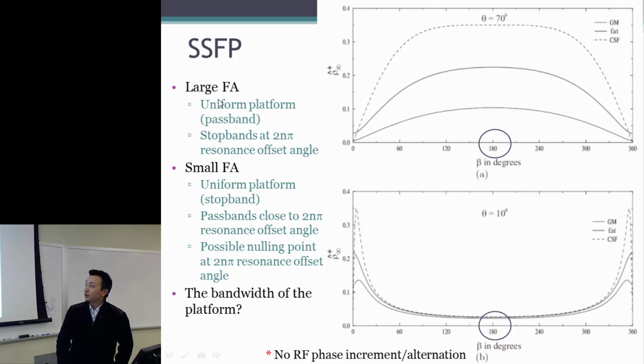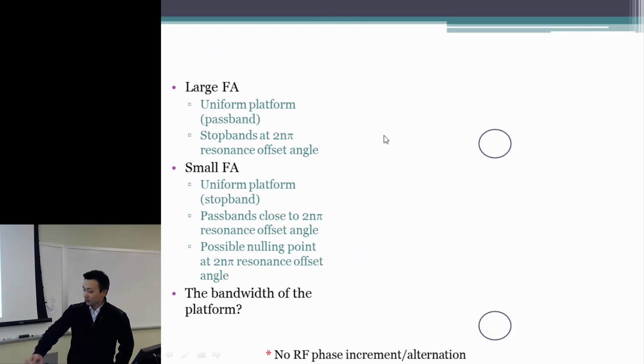For the large flip angle, we can see the response for different off-resonant spins. For 0 here, it's on-resonant. Remember the beta definition, it's the delta B term. If the delta B term is 0, that means it's on-resonant.